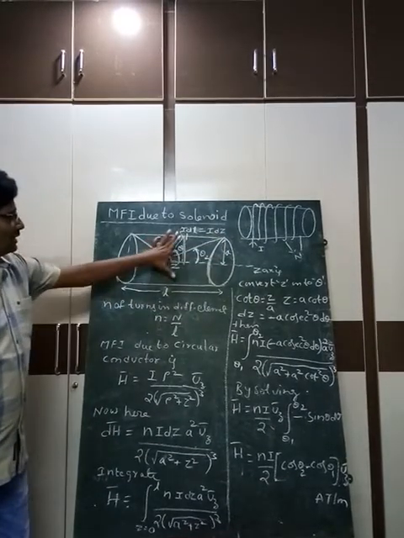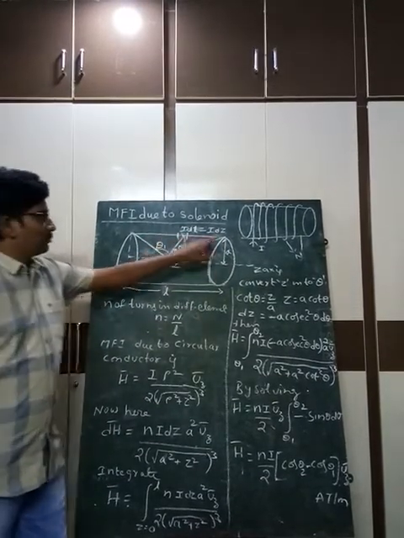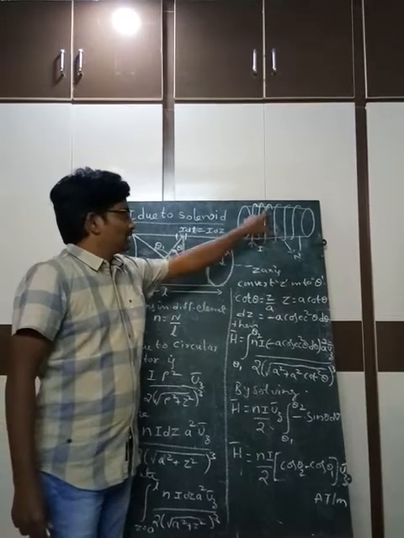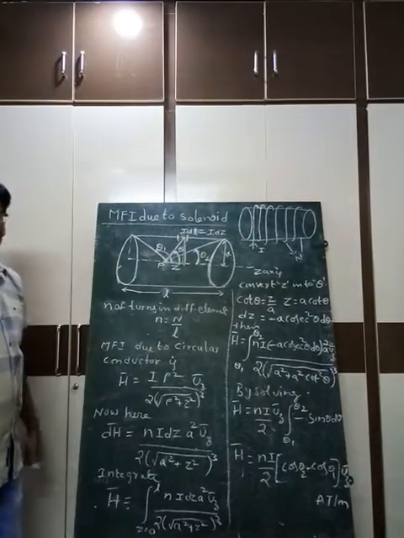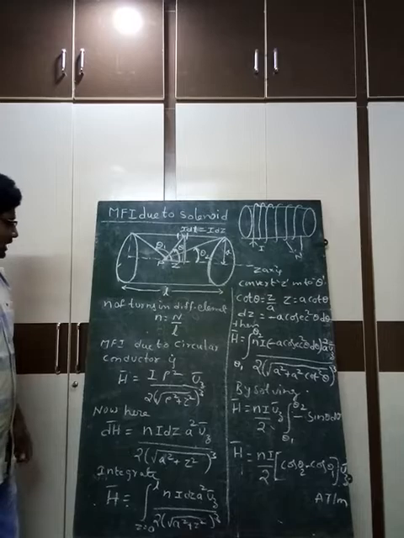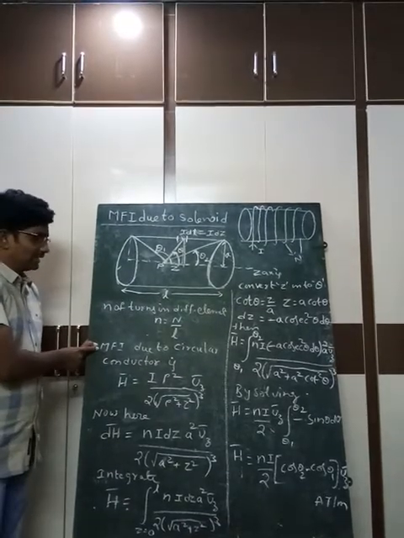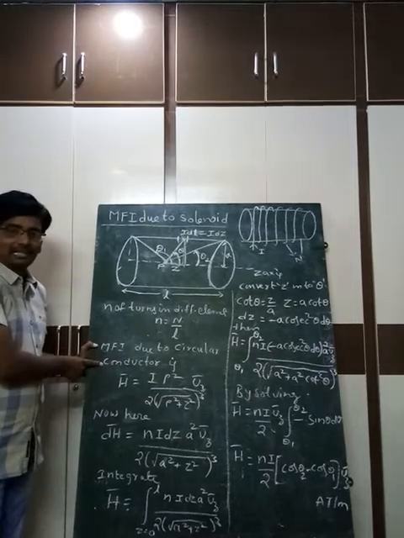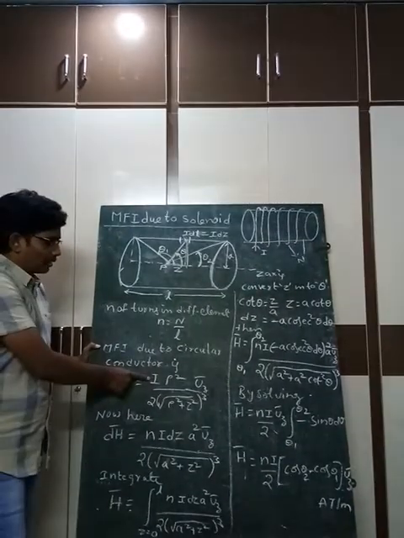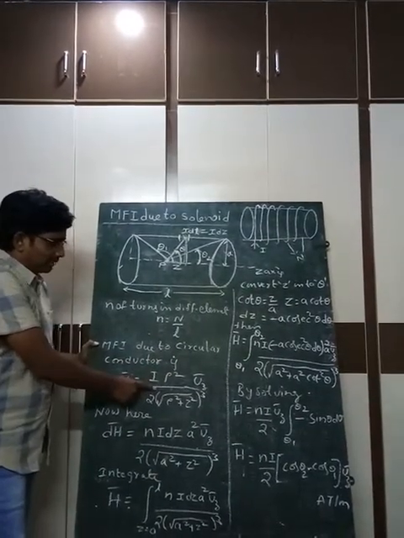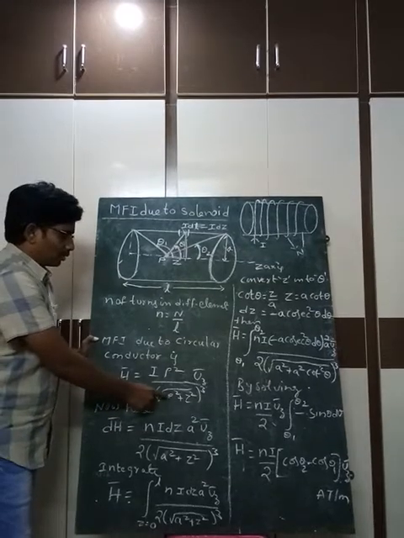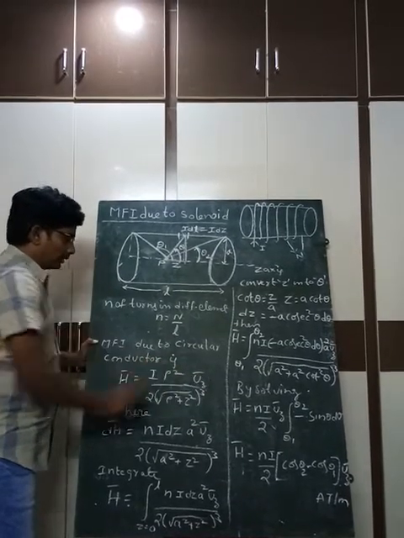In this differential element there are a number of turns, and these turns are like circular current carrying conductors. We already derived the formula for magnetic field intensity due to a circular current carrying conductor, that is H bar equals I rho square divided by 2 into root of rho square plus z square whole cube, into uz bar.